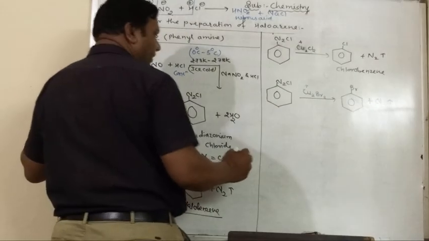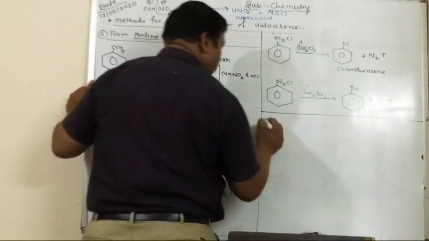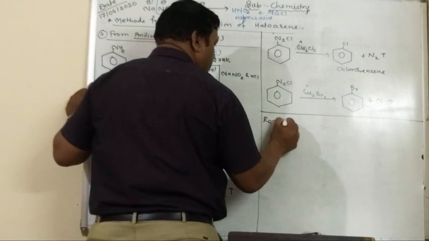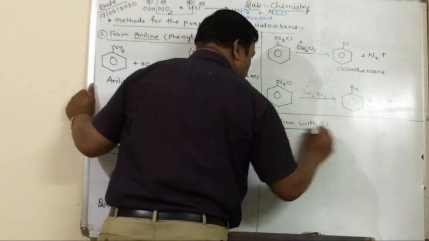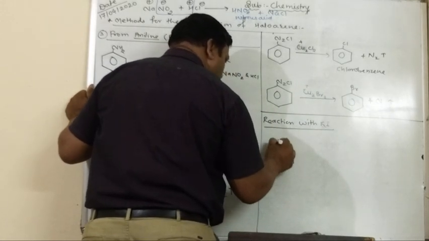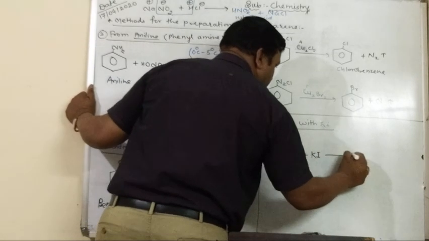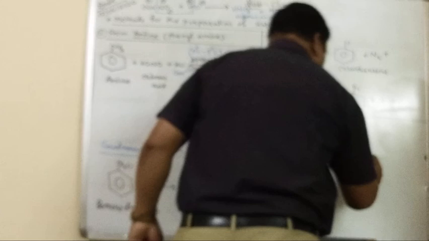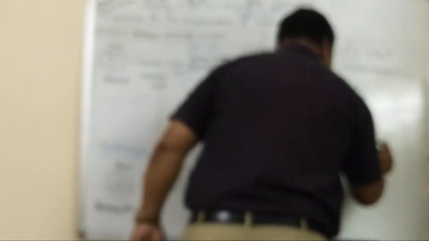Then next is reaction with KI. So when benzene diazonium chloride plus KI, potassium iodide, to get iodobenzene, removal of potassium chloride and N2.